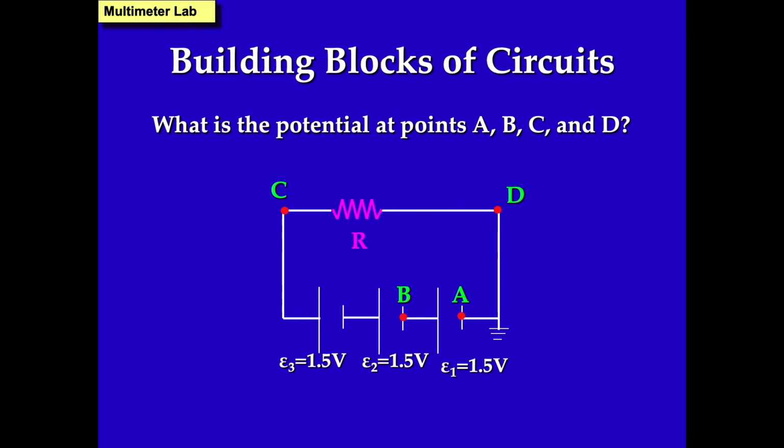Let's look at this circuit. I have 3 batteries hooked up one after the other, and I've labeled different points in my circuit. And this symbol that you see here is called a ground. So I can reference this point A to 0. So remember, batteries are devices that maintain a delta V between their terminals. So this point is at 0 volts.